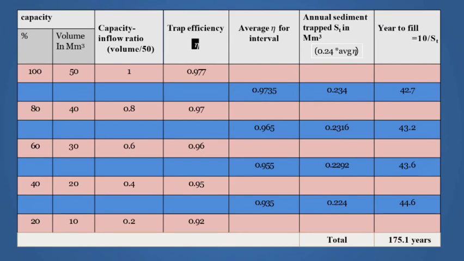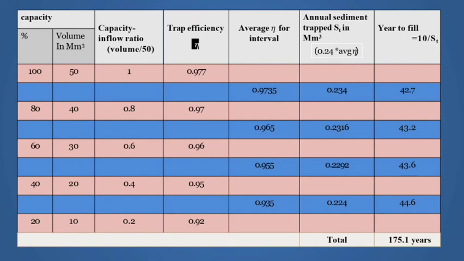So let us now look at the table for calculating the useful life, that is the years that it will take before it is filled 80% with sediments. As I said, we are taking steps of 20: 100, 80, 60, 40, 20, and the volume change following it, that is 100% of initial volume is 50, 80% of initial volume is 40.